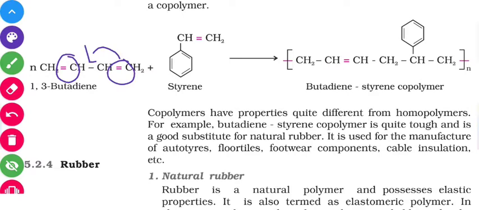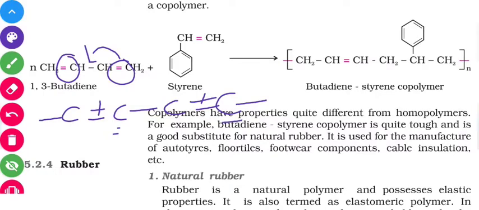This bond will break, so this carbon needs to form one bond and this carbon also needs to form one bond, and the two carbons at the center will form a bond with each other.